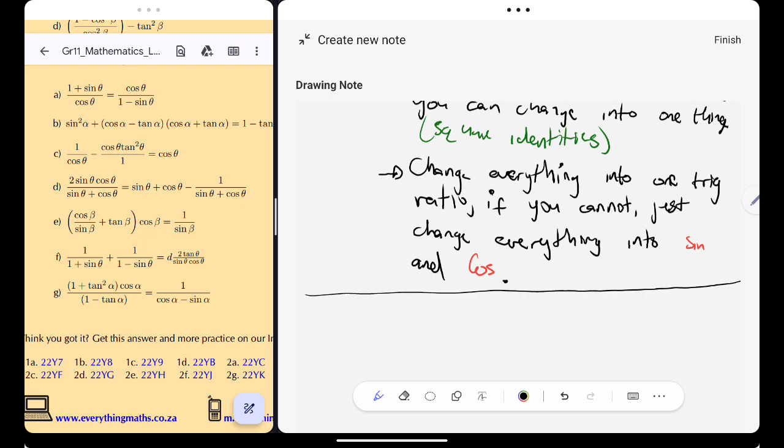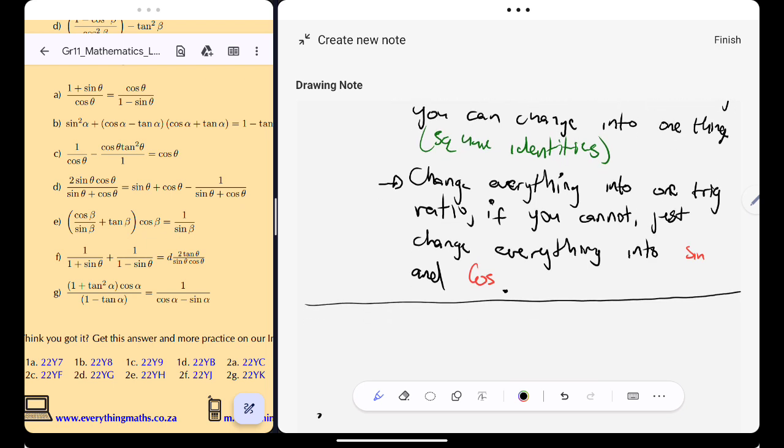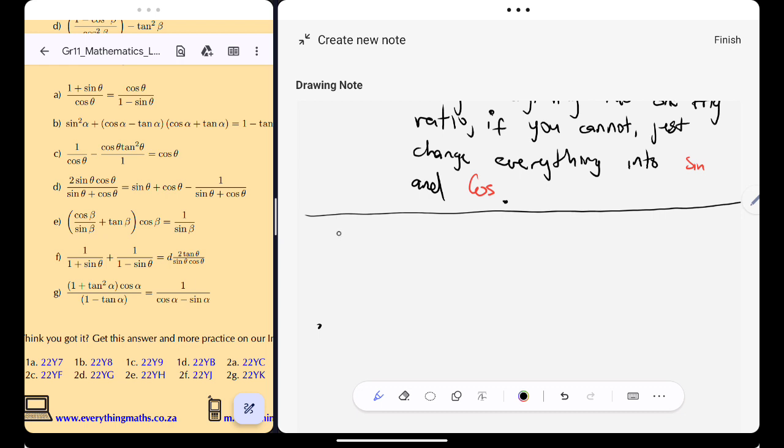Just a quick reminder, guys, of the square identities. The first one is the one that says sine squared theta plus cos squared theta is 1.